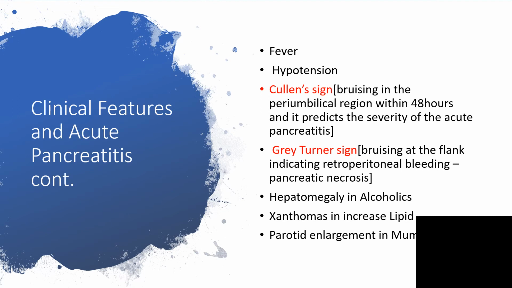By the time you go over my presentation on pancreatitis and hypertriglyceridemia, you will get a clearer picture of this. Parotid enlargement, I've just mentioned mumps, and I'm making a promise I'm going to make a separate presentation on mumps in the next few days. So we'll get a clearer picture by the time we put all this together.